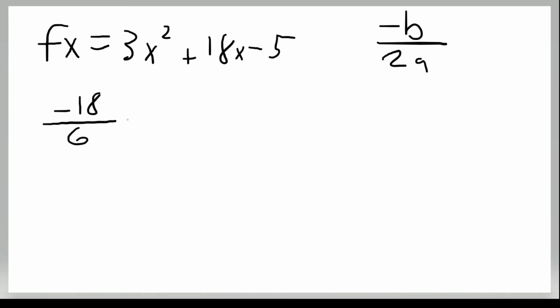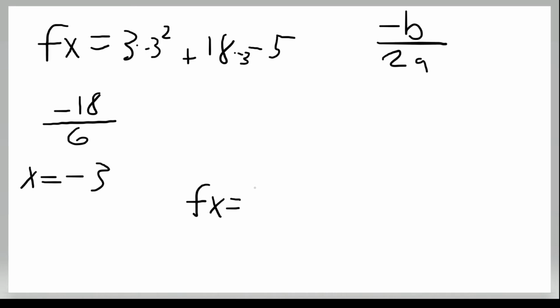Well, this equals -3. So we know that x is now -3. We can just plug it straight back into the equation. Negative 3 squared is going to be 9, and 9 times 3 is going to be 27. So let's just write it down here.